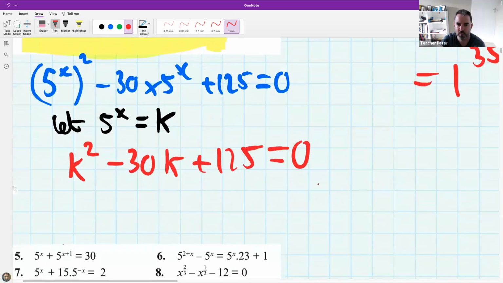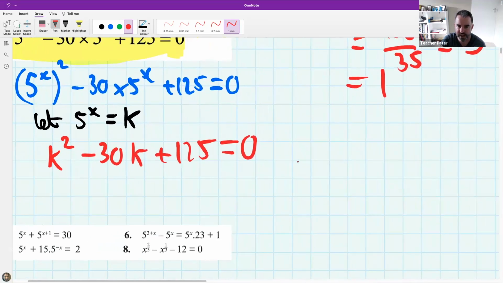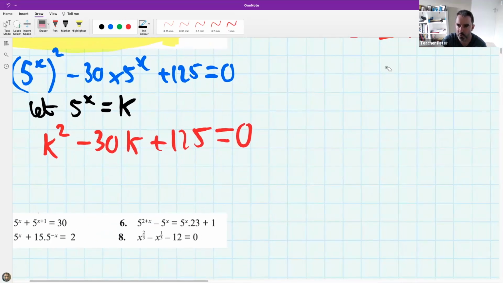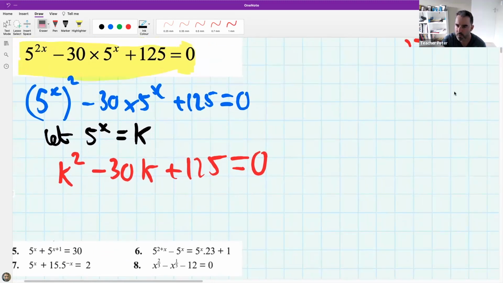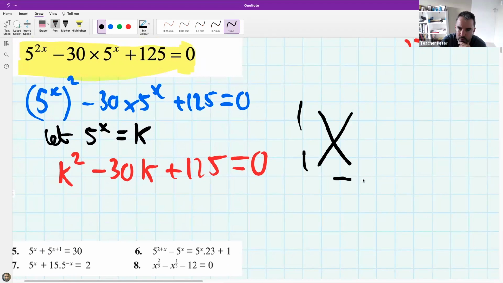Now, I want you to solve that for me using normal methods. What type of equation is that? It looks to me like a quadratic equation. So I think the factors that I'm going to use, yes, Amy, what do you think are the factors I'm going to need to use?